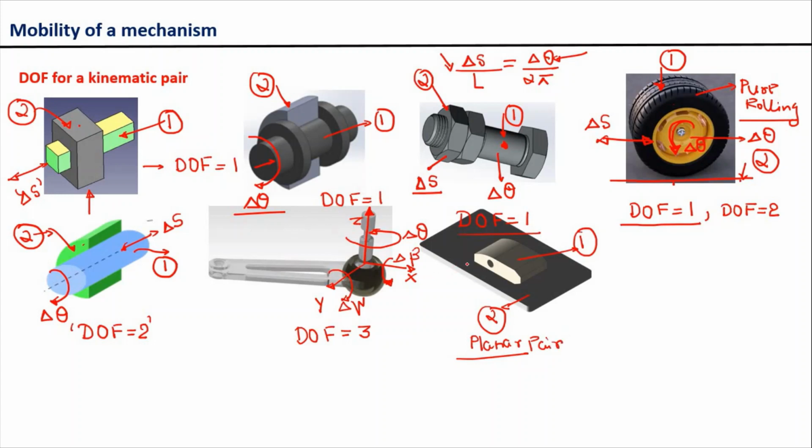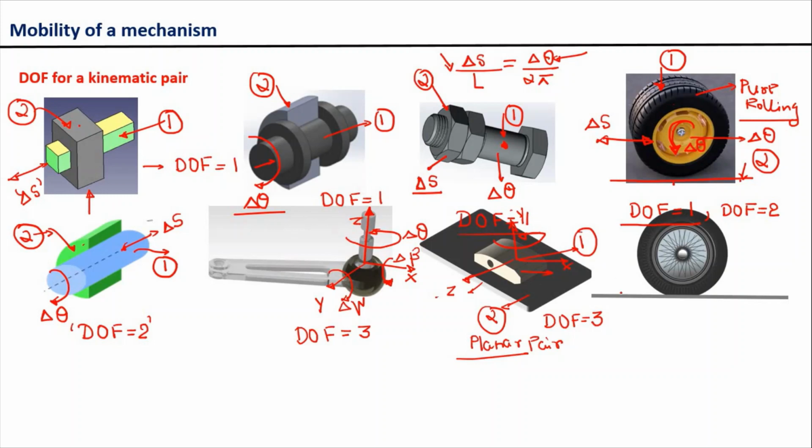Again, if we consider a three-dimensional Cartesian coordinate system, you can easily see that link 1 can rotate relative to link 2 about this vertical axis, and at the same time it can perform translatory motion along the x and z direction. So the degree of freedom for a planar pair is equal to 3.